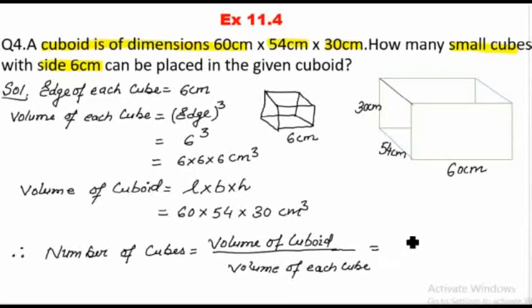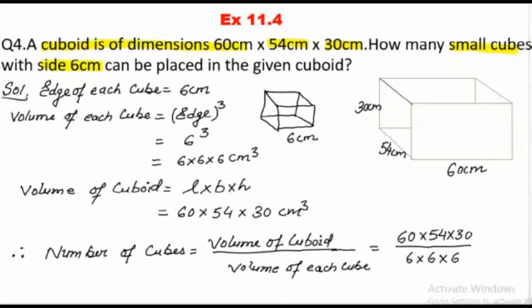So volume of cuboid is 60 into 54 into 30, and volume of each cube is 6 into 6 into 6.